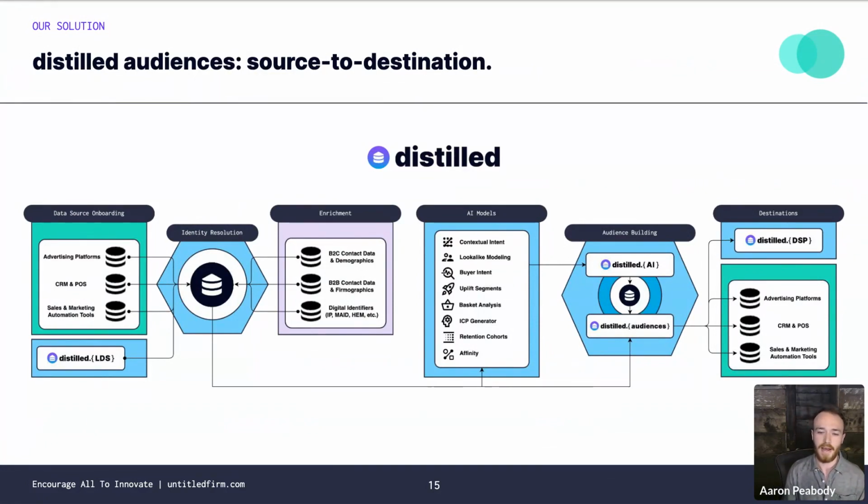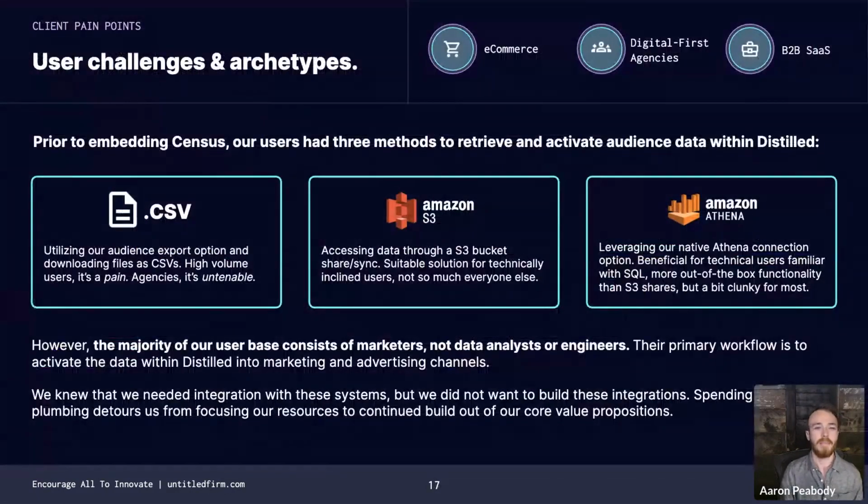But at the end of the day, that largely ended with being able to download it as a CSV, being able to get to that data through an S3 share, or being able to connect to it through this Athena connector, which works great for offering a SQL solution to users who are familiar with that, but subsequently kind of clunky for most.